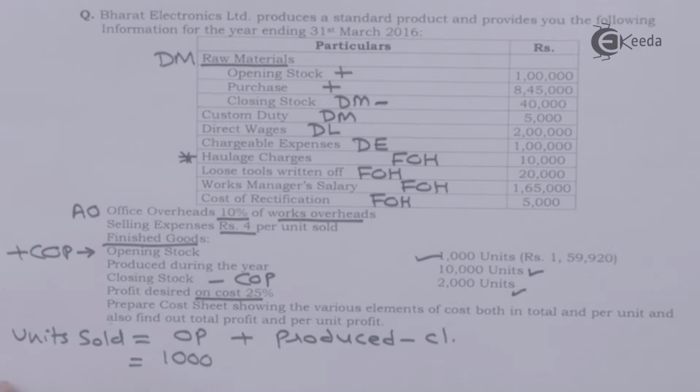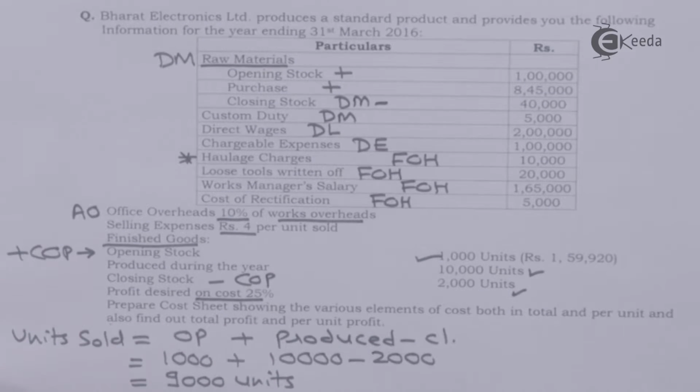Units produced they have given 10,000 units. Closing stock they have given 2000 units. So 1000 plus 10,000, 11,000 minus 2000. So units sold are 9,000 units. We have discussed all the items of cost sheet. Let us proceed to prepare it.